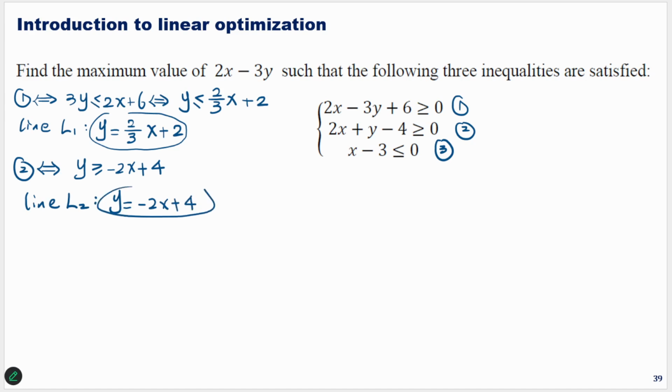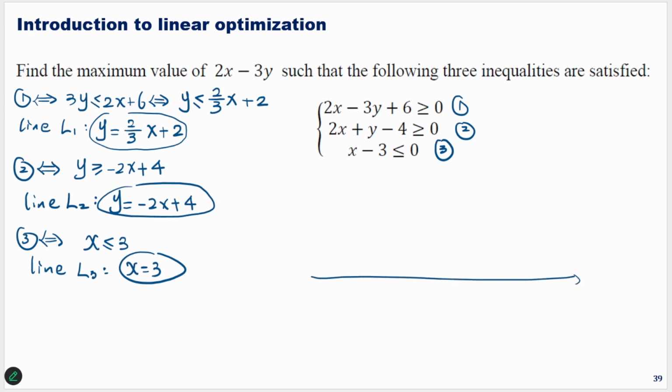Another equation of line. And inequality number 3 is x is less than or equal to 3. This is very easy. This is all the region to the left of x equals 3, right? So the boundary line, let's call it L3, is simply x equals 3. So the region corresponds to the overlapped area of the 3 regions.